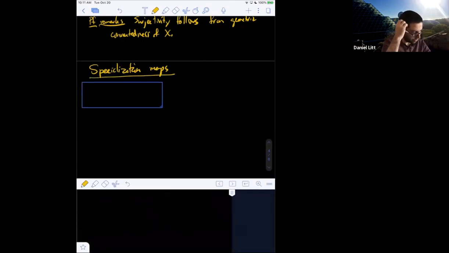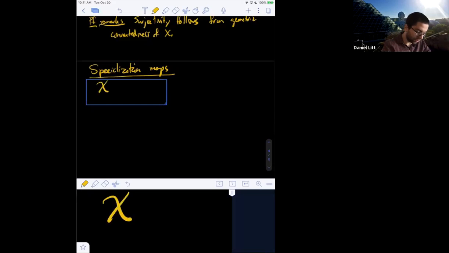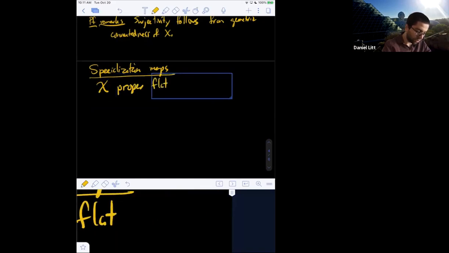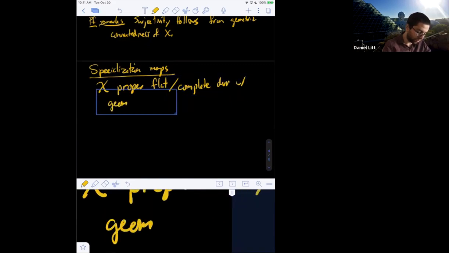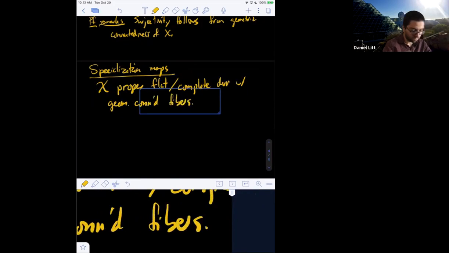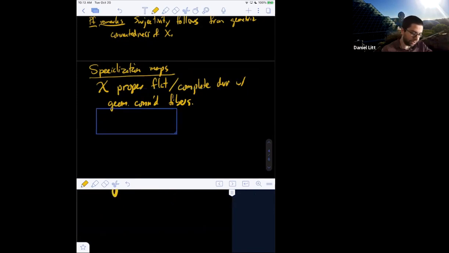Now I'm going to assume that X is proper and flat over a complete DVR with geometrically connected fibers. Okay, so I've now dropped the assumption that we have a variety over a field. So I'm going to state a theorem in this generality.